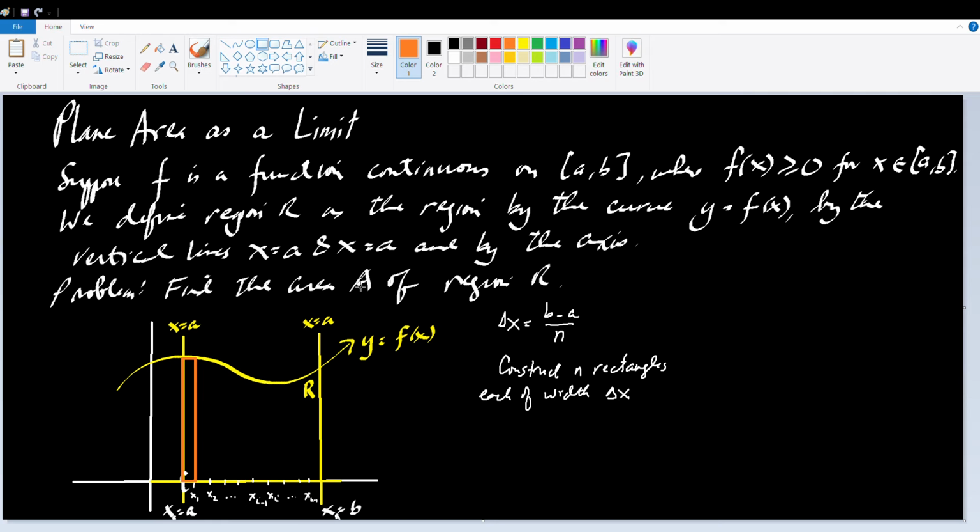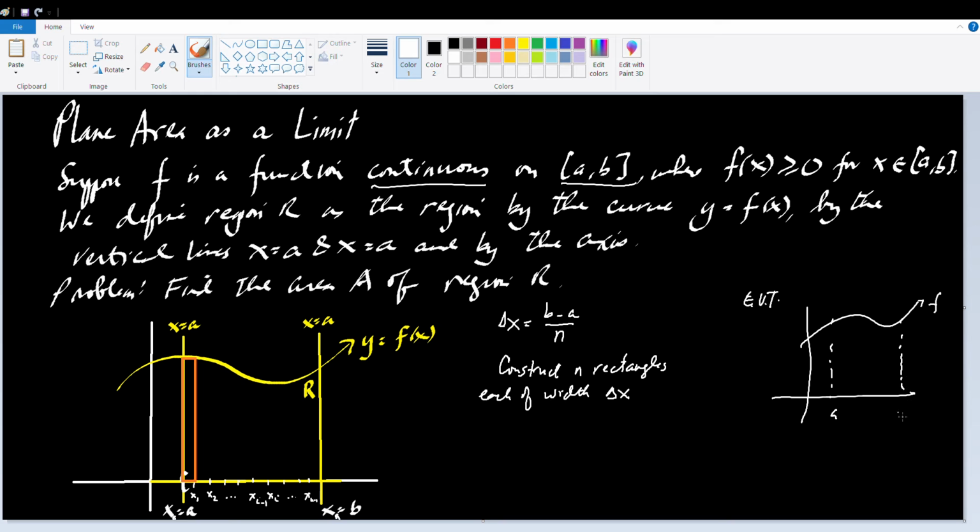Now, we know that f is continuous on the interval [a, b]. According to the extreme value theorem, if a function f is continuous on an interval [a, b], the function f has an absolute maximum value, which is represented by this vertical distance, and let us call it f of capital M. That is the absolute maximum value of f on the interval.